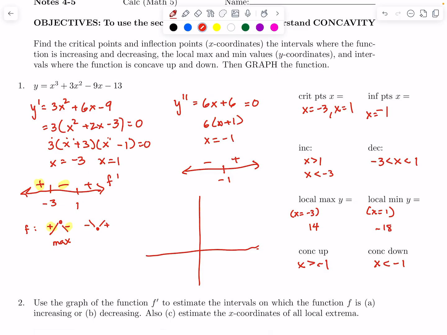So in order to see this properly, you need heights that get up to 14 at -3 and down to -18. At -1, we have a change in concavity. So notice it's concave down, at least to the left of -1, and then concave up afterwards.